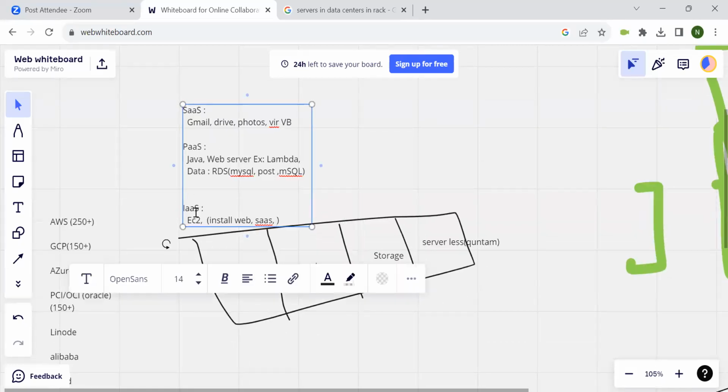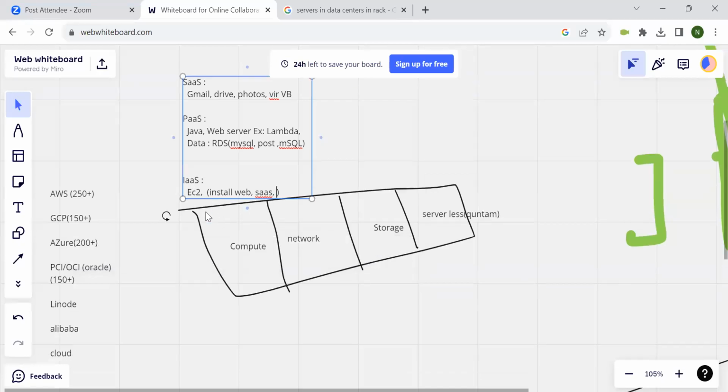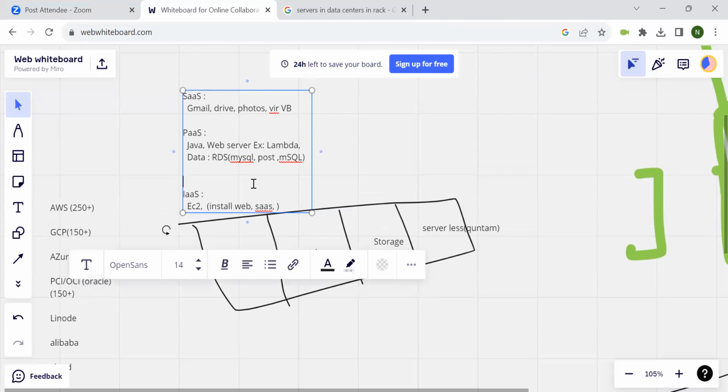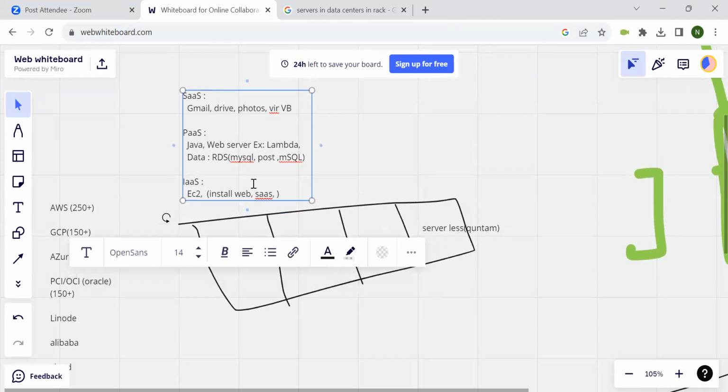They are giving one more level of requirements or customization in infrastructure as a service. That's how infrastructure as a service, platform as a service, and software as a service come into the picture. If you take any of these cloud vendors, these are the basic principles.